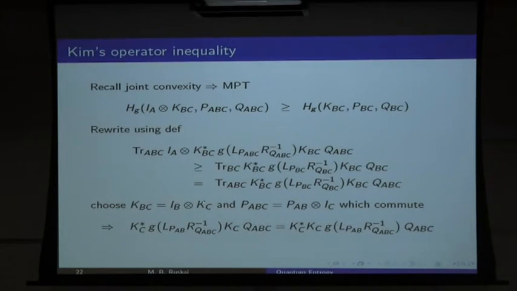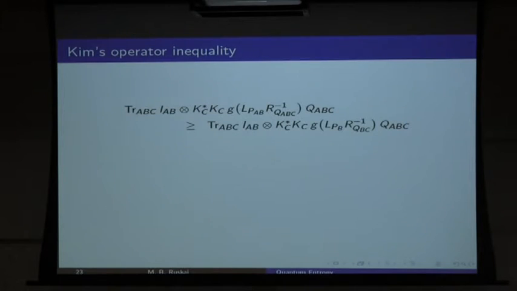Okay, this only acts on C, this only acts on A and B, so these commute. And it doesn't really matter if you do the left multiplication before or after, so you can pull the K_C through. And so now you can write your monotonicity under partial traces with the K_C here. Then you've got G of this relative modular operator Q_ABC.